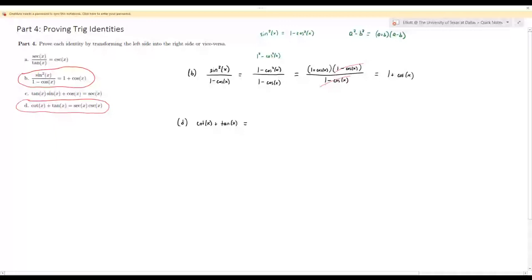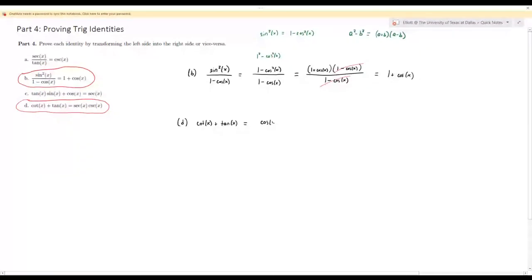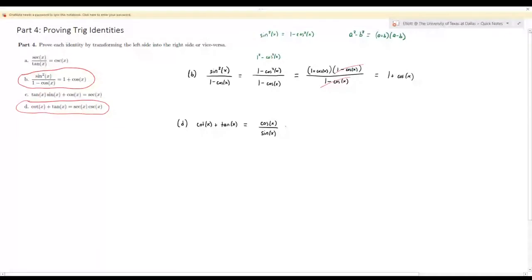Cotangent is cosine over sine, and tangent is sine over cosine.